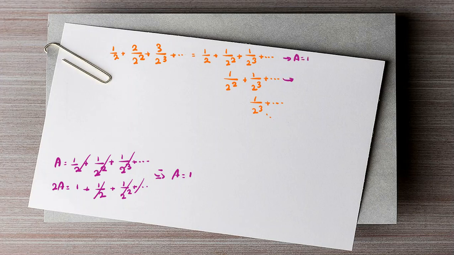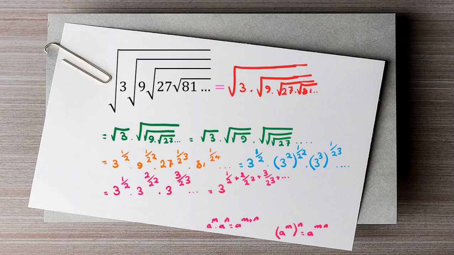The next one is 1 over 2, the next one is 1 over 2 squared, and so on. This part again will be a and will be 1. So if we add all these terms, we have 1 plus 1, which is 2. So the answer here will be 3 to the power of 2, which is 9. So the answer of this problem is 9.